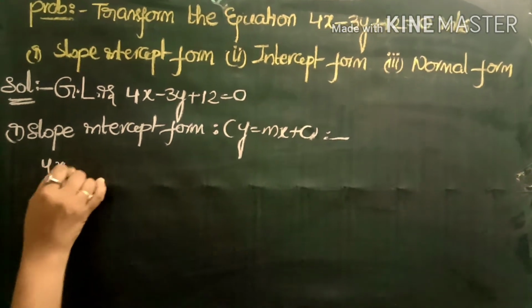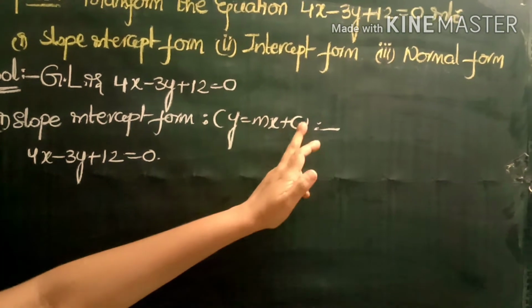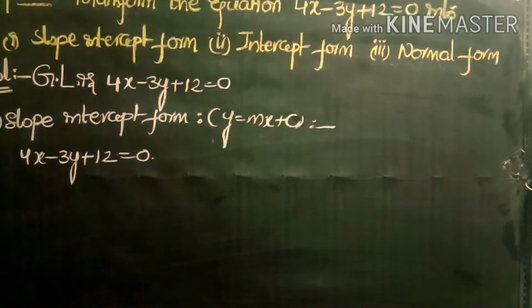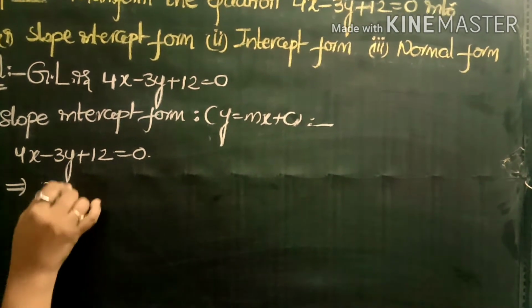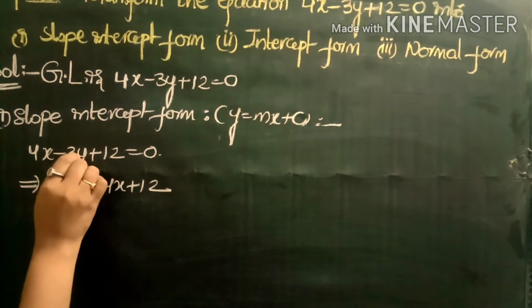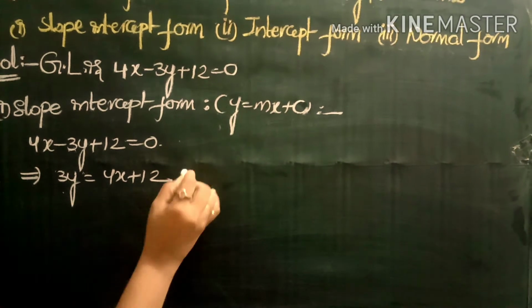So given line is 4x minus 3y plus 12 is equal to 0. Y equal to mx plus c means we have the y term at one side and the remaining two terms at the other side. So we are writing this equation as 3y is equal to 4x plus 12. That is converting this minus 3y to that side, then it becomes plus 3y. 3y is equal to 4x plus 12.